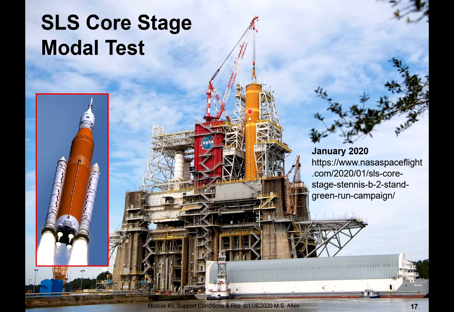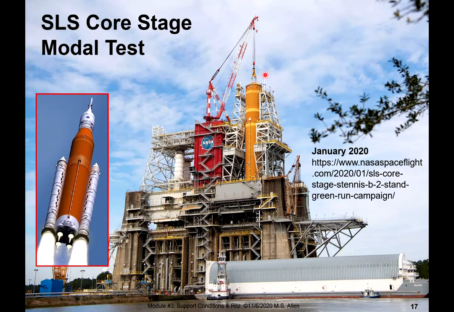This is basically being held in a free type condition. So nothing is touching on the sides except for maybe some emergency cables that if it sways too much, things would come into contact. The structure is so large they had to test it outdoors. There wasn't a building big enough to hang it in that was available.